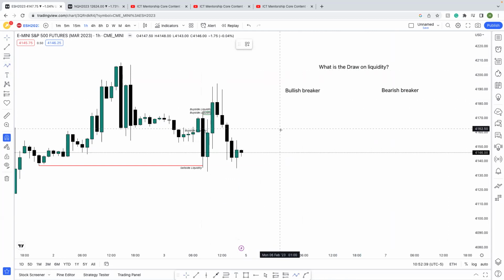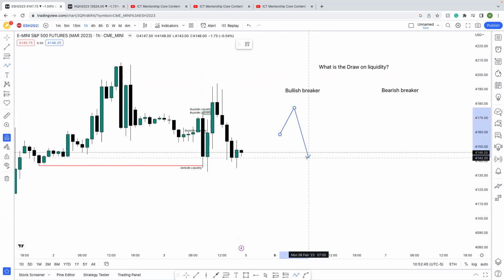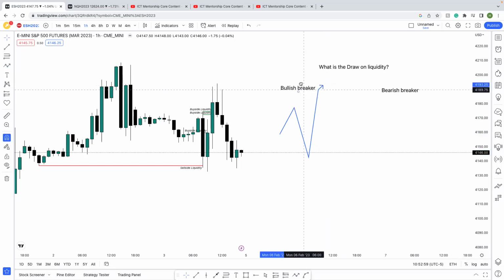So for the bullish one, we're going to have a low, a high, a lower low, and then the high is taken out.